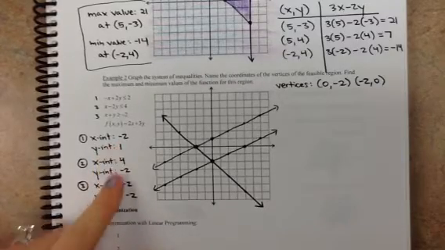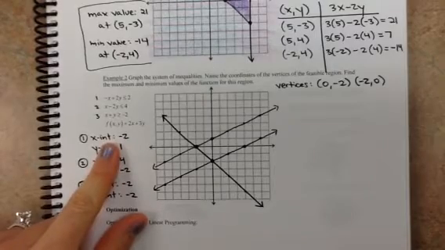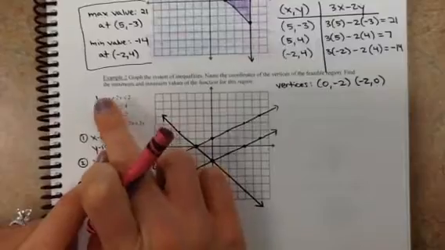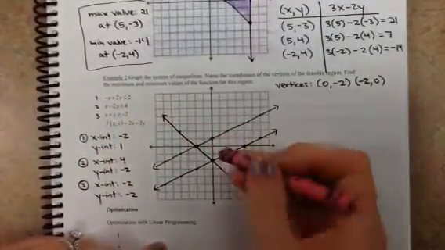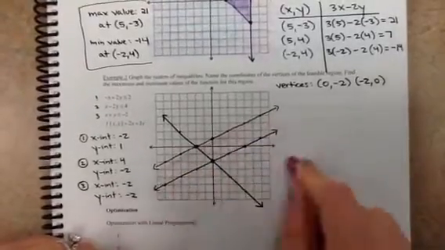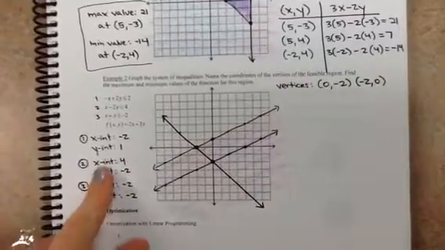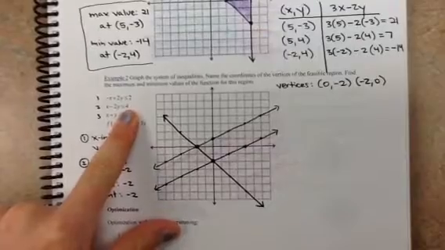Let's look really quickly at where it ends up shaded. Okay, so this piece right here, I can start with that. If I plug in 0, 0, is 0 less than 2? Yes, it is. So for this first one, I shade the region that includes 0. So it's going to go all the way under here. For this next one, is 0 less than 4? Yes, it is.